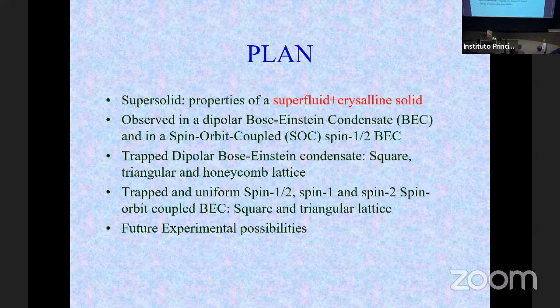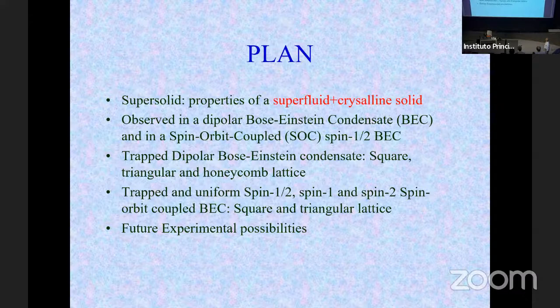And this was observed experimentally, a superfluid, in two cases. So a crystalline structure, and most of the experiments, they tried to also verify if there is superfluidity, and if the crystalline structure is rigid, that doesn't easily break. It was observed in dipolar Bose-Einstein condensate, and also spin orbit coupled SOC spin half BEC.